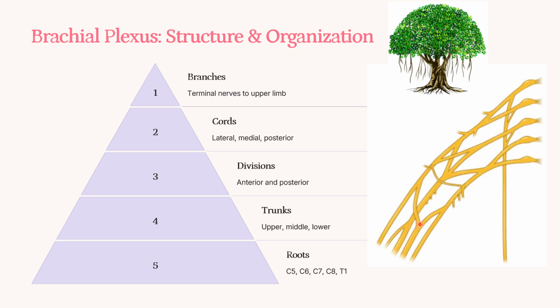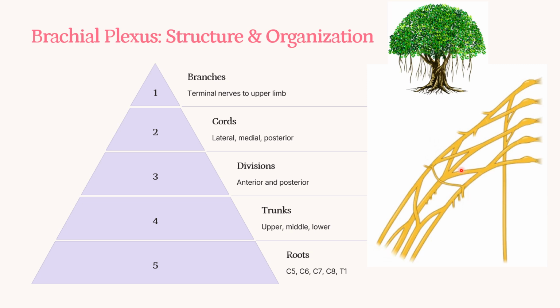Okay, so let's see. These are the nerve roots C5, C6, C7, C8 and T1. They will be forming trunks. So these are the trunks: an upper trunk, a middle trunk and a lower trunk. Each trunk will be dividing into an anterior division and a posterior division.